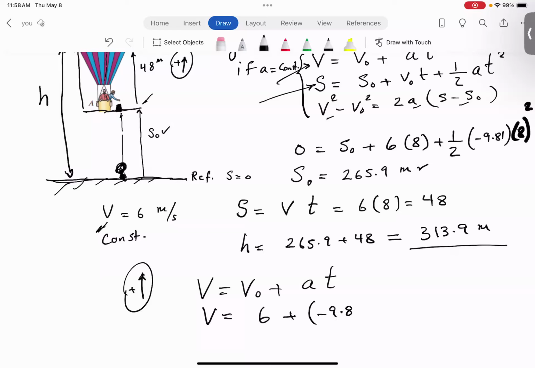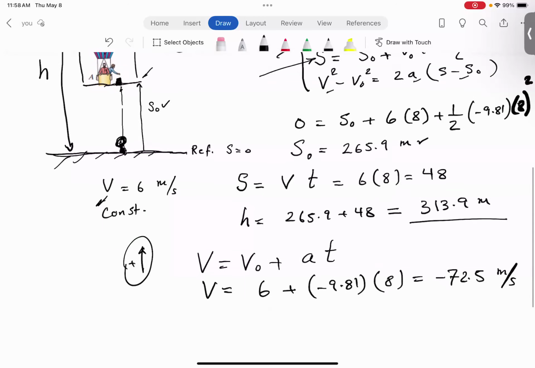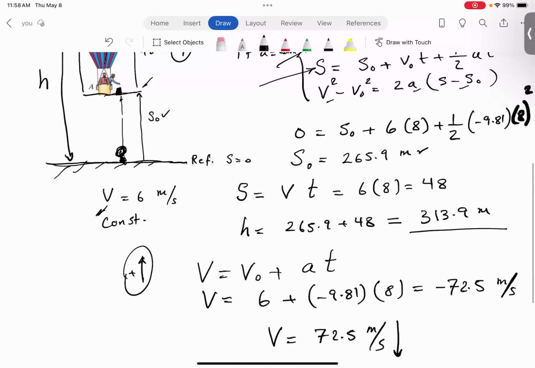Acceleration is minus 9.81 times 8 seconds. If you do the calculation, you get negative 72.5. Negative just implies that it's pointing downward, so you could show it like this. So just before it hits the ground, it has a speed of 72.5.